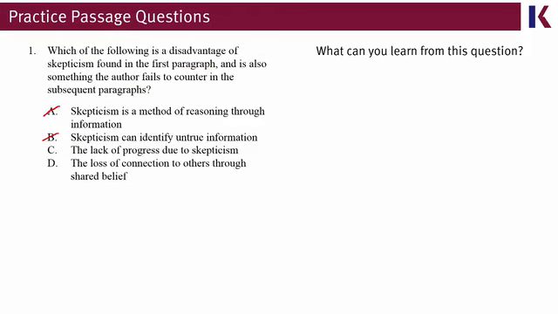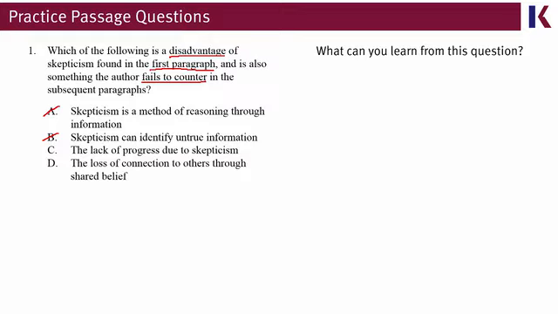Now remember, we were able to rule out A and B because the question asks for a disadvantage, and A represented a neutral fact about skepticism, where B actually represented an advantage of skepticism. So C and D are both disadvantages, but we're not asked just for a disadvantage. We're asked for a disadvantage in the first paragraph, but that the author also fails to counter in the subsequent paragraph.